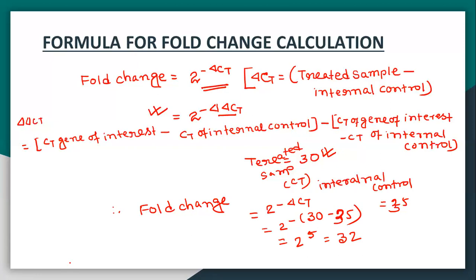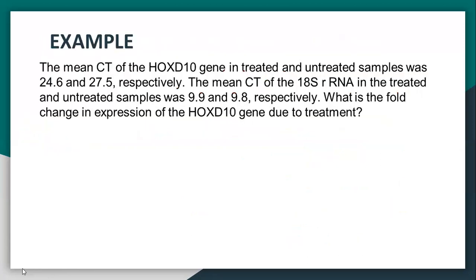Now, this question gives the mean CT of the Hoxd gene in treated and untreated samples as 24.6 and 27.5 respectively. The mean CT of the 18S rRNA, the internal control, in the treated and untreated samples is 9.9 and 9.8 respectively.